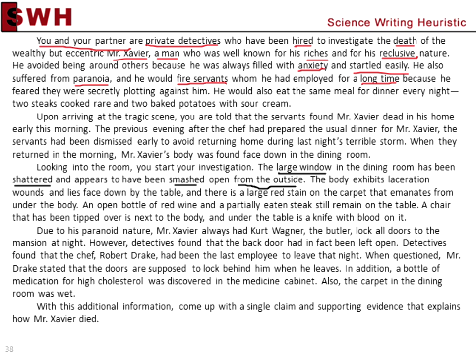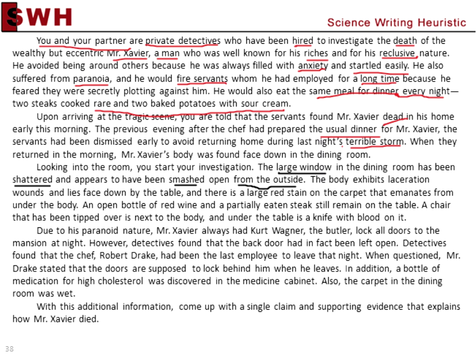Same meal every night. Rare baked potato sour cream. There was a terrible storm. He had his usual dinner. He's still dead. And we can go down through the whole story.